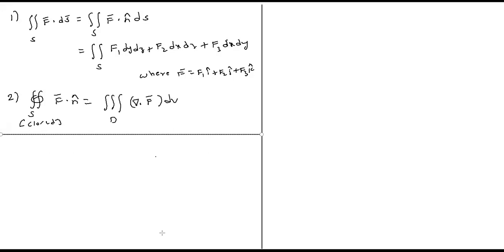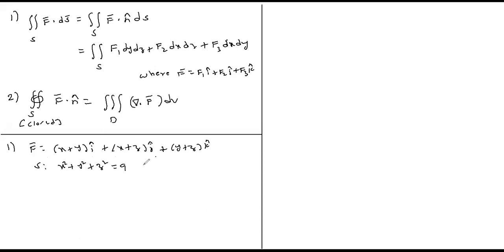then do the problem. Now let us take up the problem that was asked yesterday. F bar equal to (x plus y) i bar plus (x plus z) j bar plus (y plus z) k bar, and S is the surface of the sphere x square plus y square plus z square equal to 9.